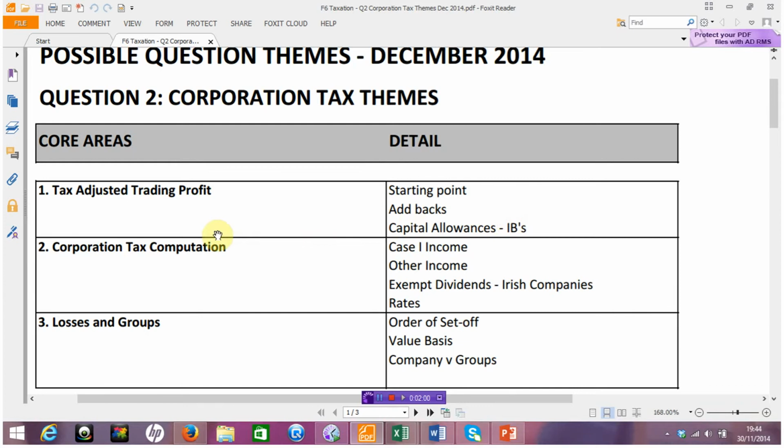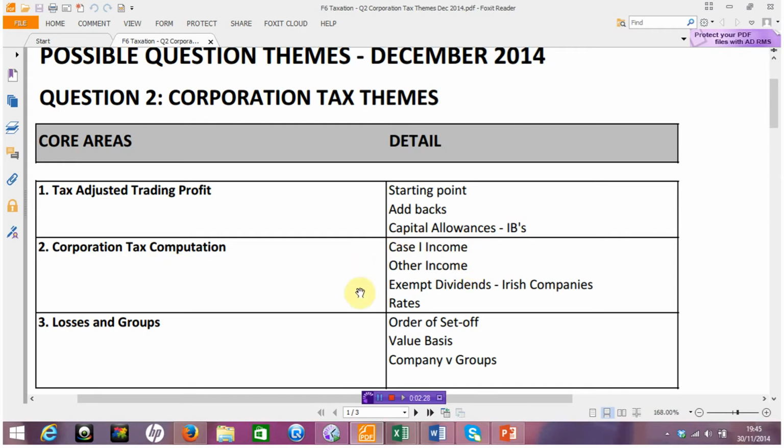In terms of the second part, I expect that we'll be asked for some sort of computation. The computation side is probably one of the easier elements, because we're familiar with a corporation tax computation in the sense that it's very much a list of income, possibly one or two adjustments, maybe a trade charge as a deduction, and the application of some rates.